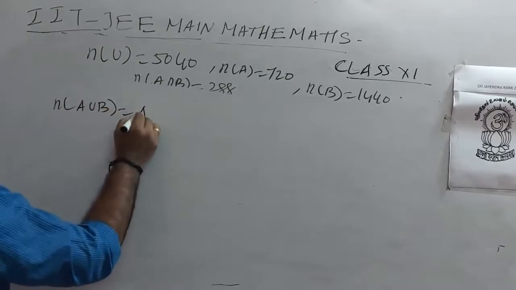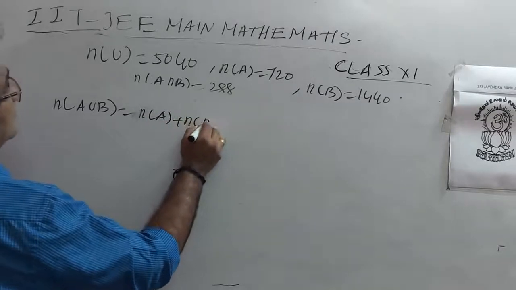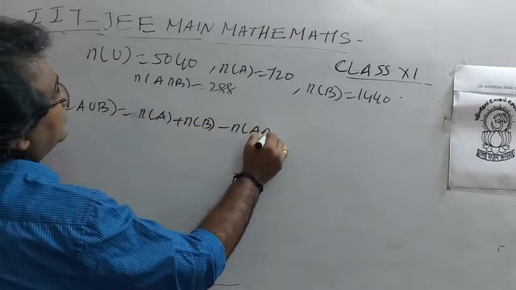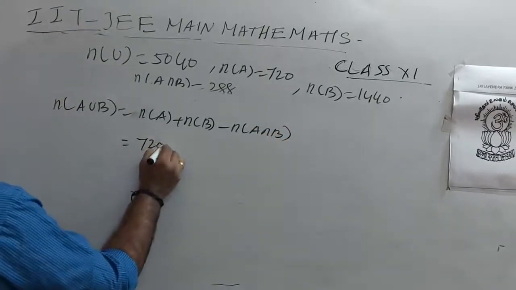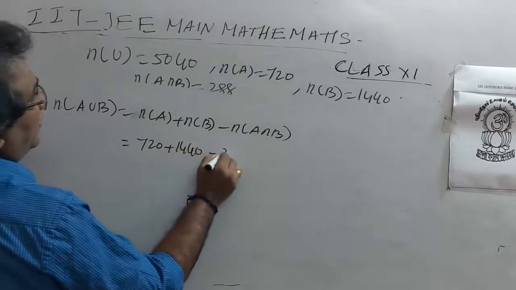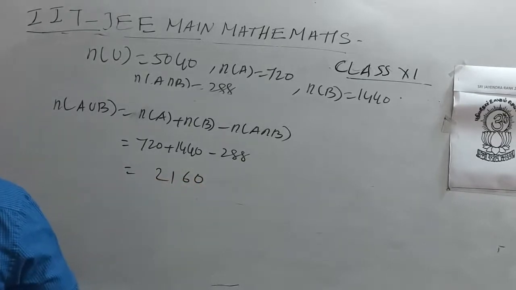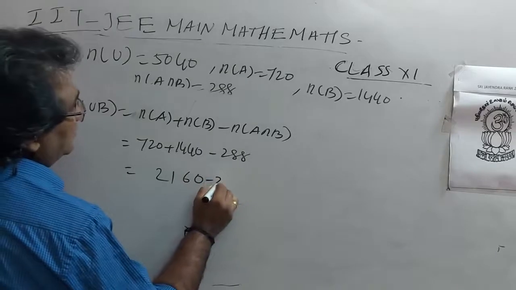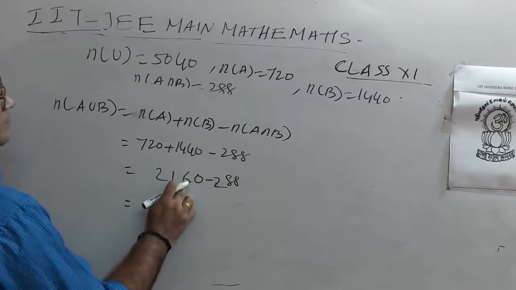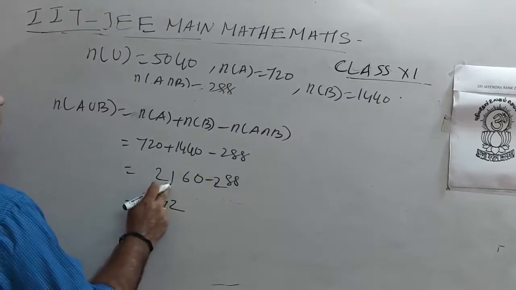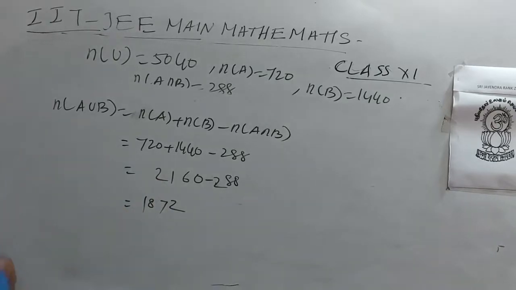n of A union B equals n of A plus n of B minus n of A intersection B, that is 720 plus 1440 minus 288, so 1872.